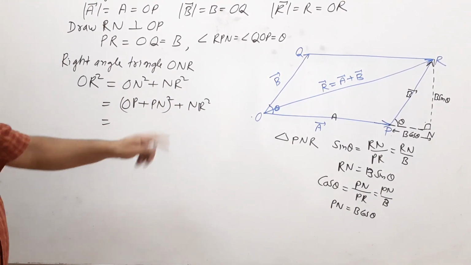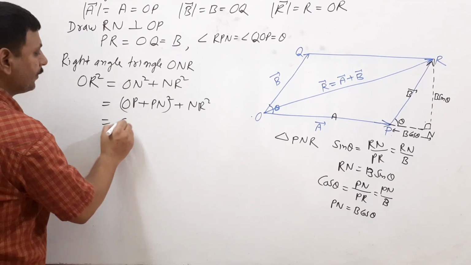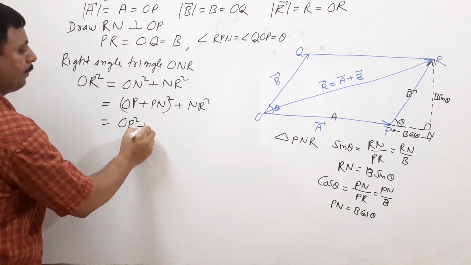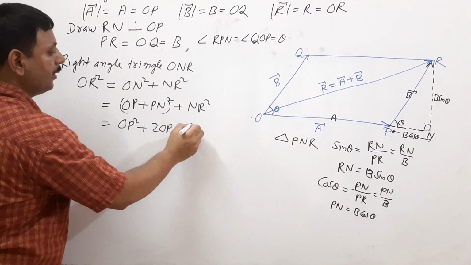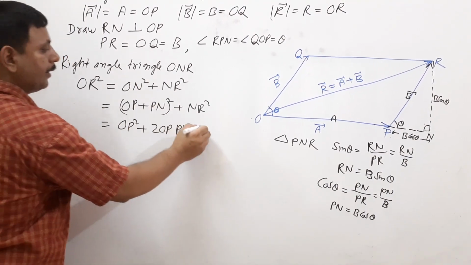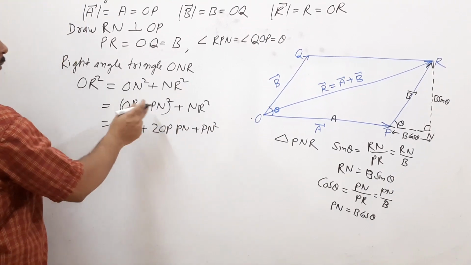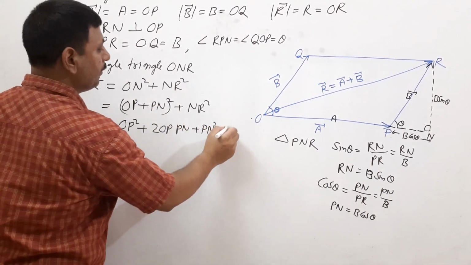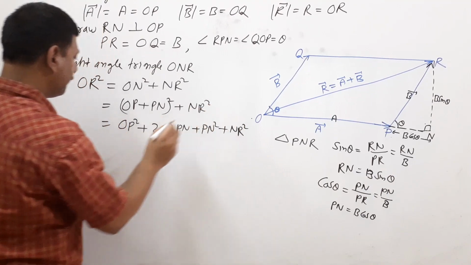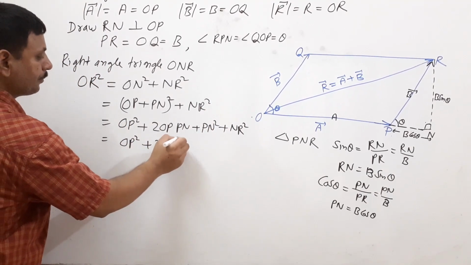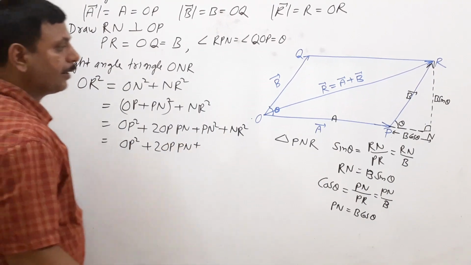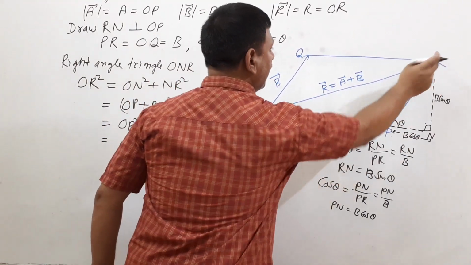See here, A plus B whole square, what happened? OP square plus 2 OP into PN plus PN square, plus NR square. See here, PN square plus NR square.